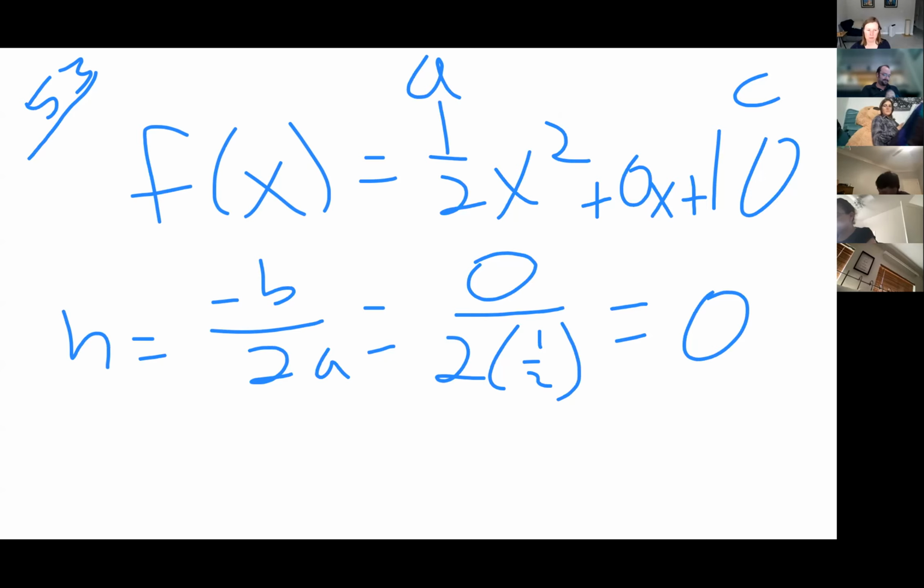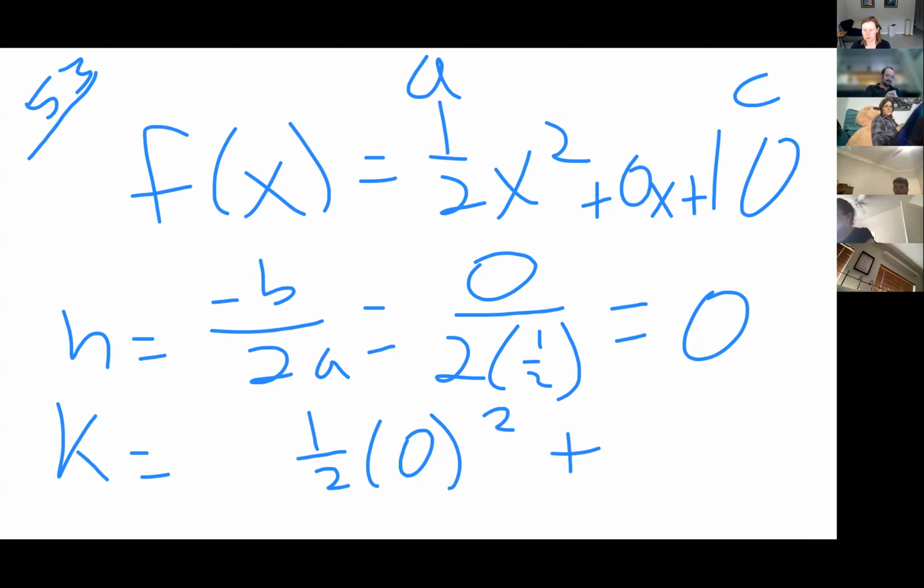All right. And so you plug in the 0 for all the x's in the equation. Okay, so for k, I'm plugging in 0. So this looks like what, 1/2 of 0 squared plus 10? Zeros make everything easier to solve, right? It's like there's nothing there. I think we're just adding 10 to nothing.